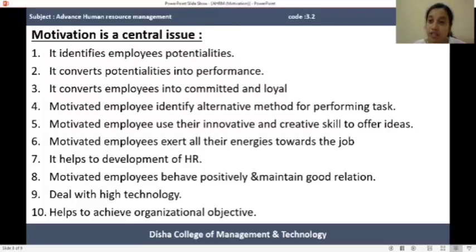If there is positive motivation, then only is it possible to maintain a healthier relationship between the employer and employee, and between individuals also. So if there is positive motivation, then the problem of industrial unrest can be removed. Next, motivation helps with dealing with high technology.